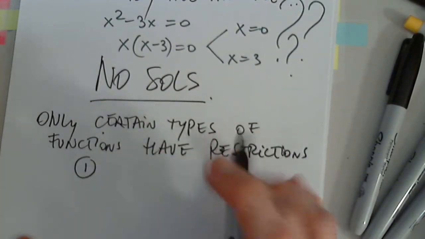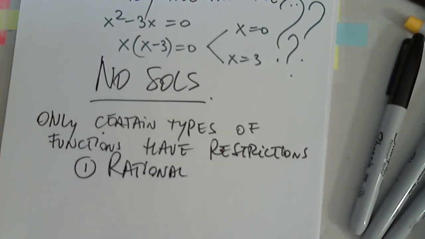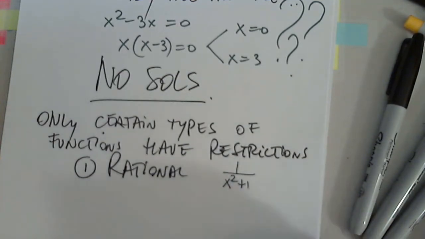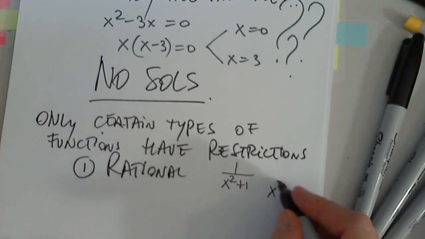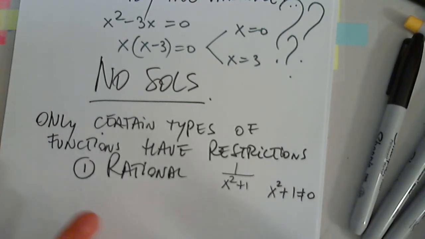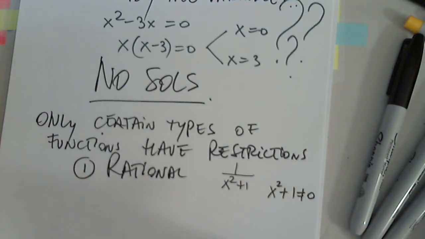One that we already saw, rational. Now, if I have, let's say, 1 over x squared plus 1, x squared plus 1 will never be 0, no matter what you do. So this is a counterexample. This is a rational function, but it does not have restrictions because its denominator can never be 0.